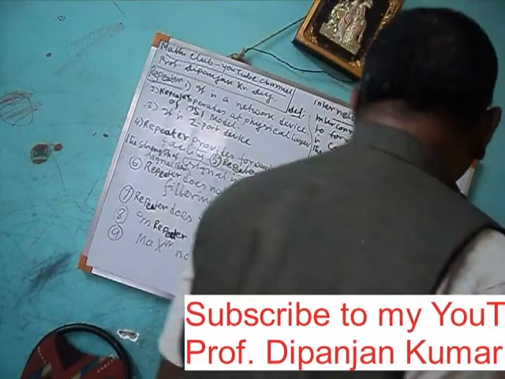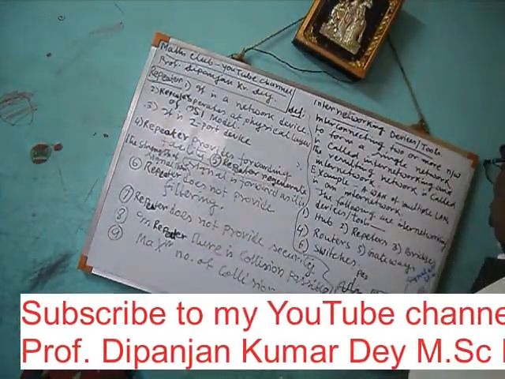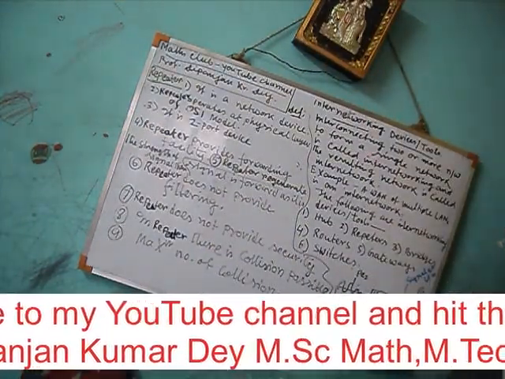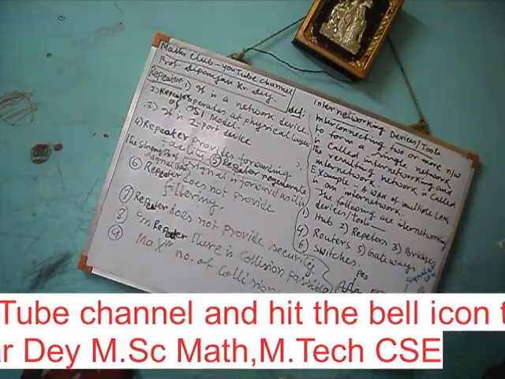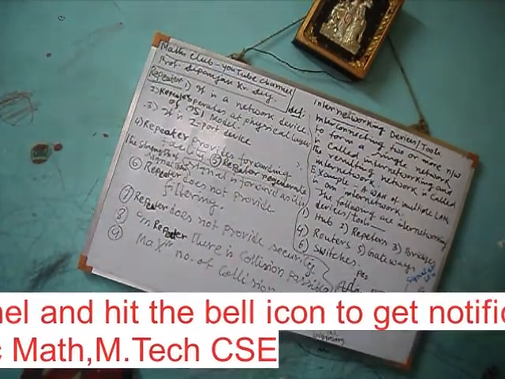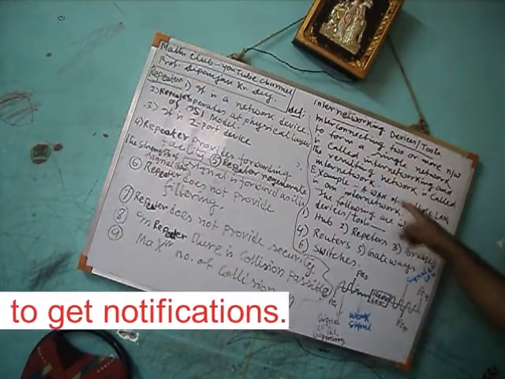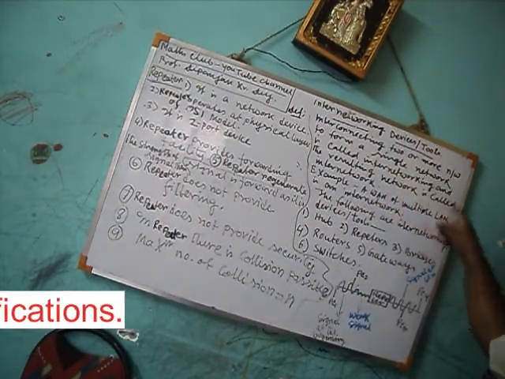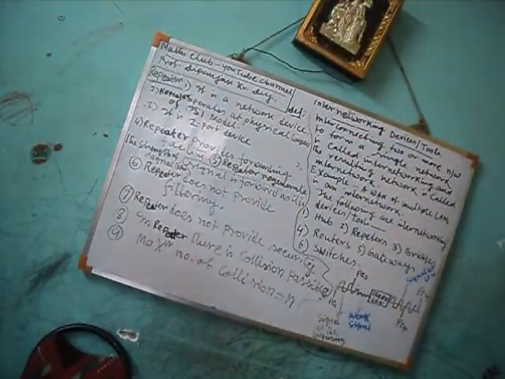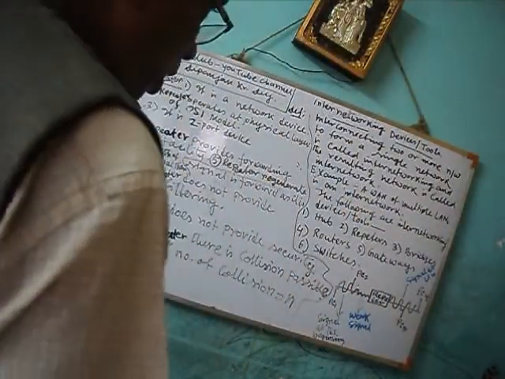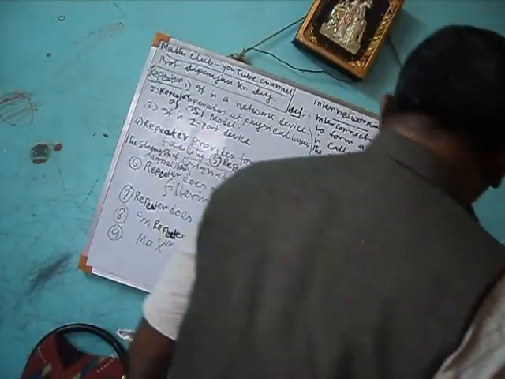Internetworking means interconnecting two or more networks to form a single network, and the resulting network is called an internetwork.